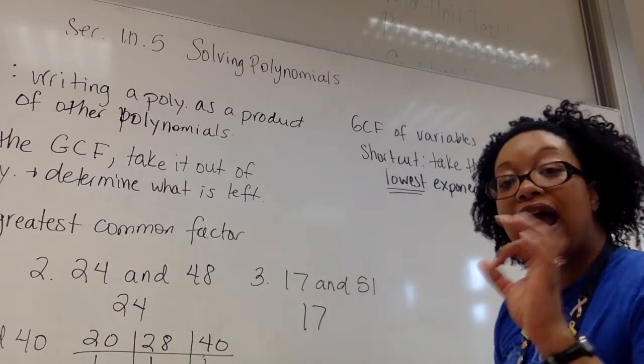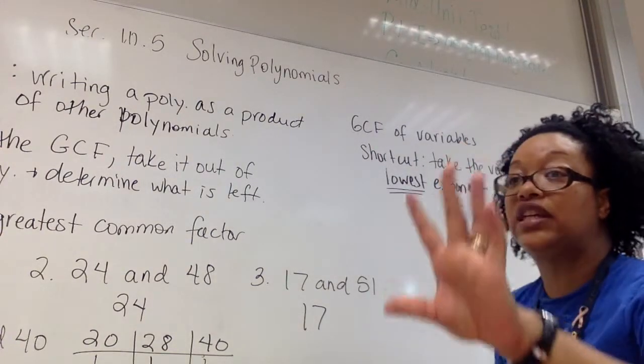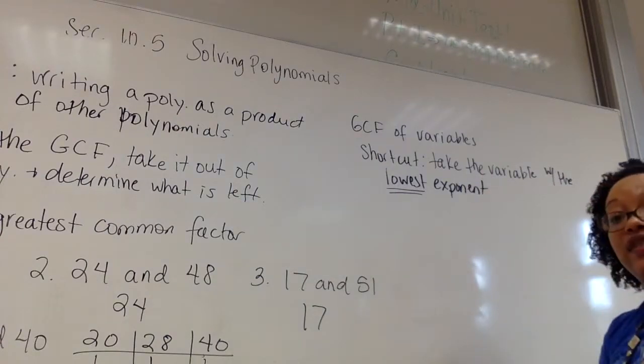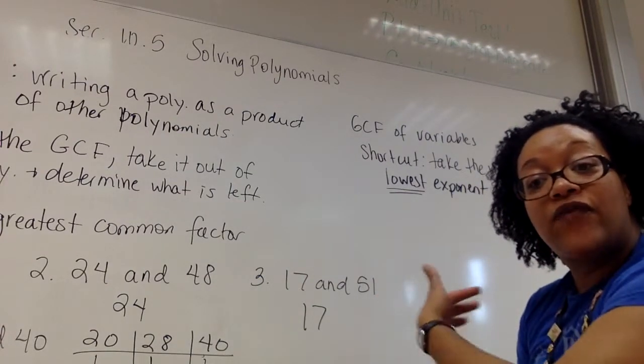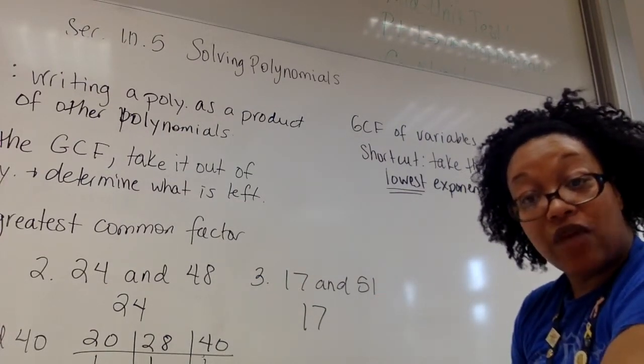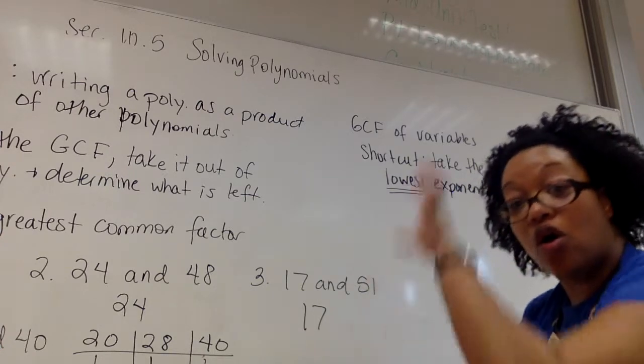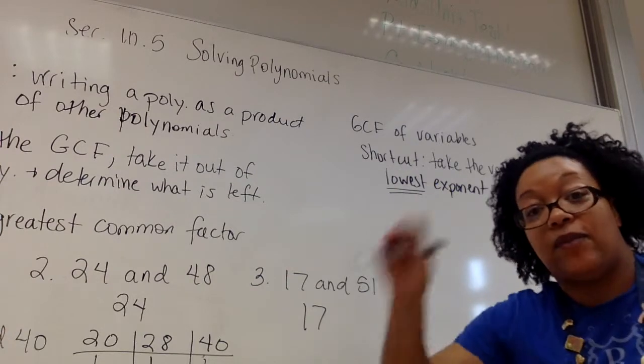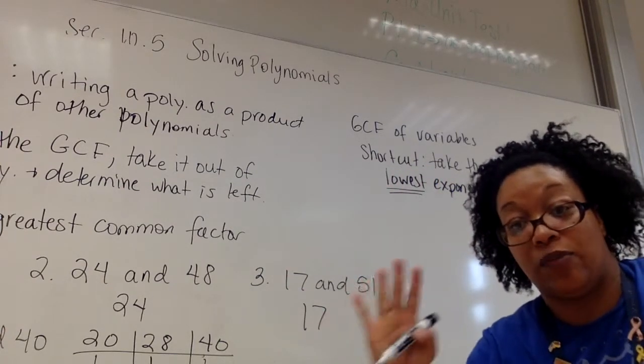So you want to know how many x's or y's or t's each term shares. Well, that'll be the lowest number of variables that you have. That's the number that they all share. Okay? The lowest exponent will be your GCF. I'm going to say it again. The lowest exponent will be your GCF.